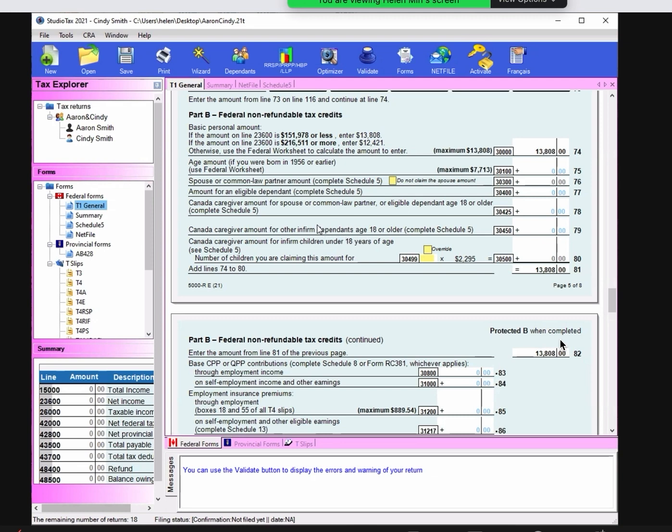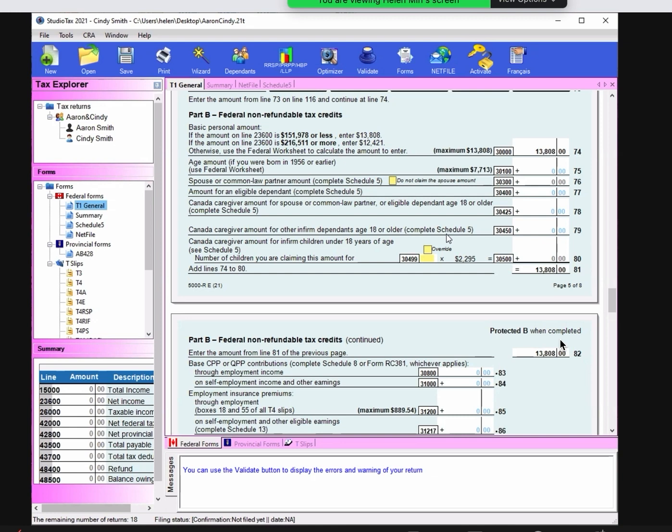You can claim more than one. Dependents means you can claim more than one. If my mom were infirm and had a problem, then I could claim both my mom and my father, because my father does not claim my mother as a spousal amount.